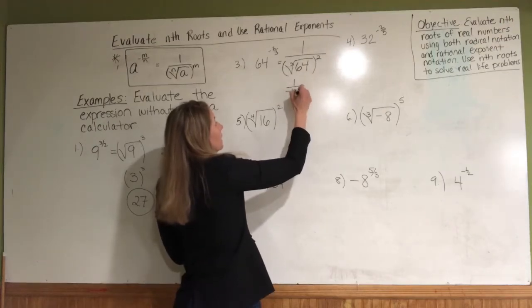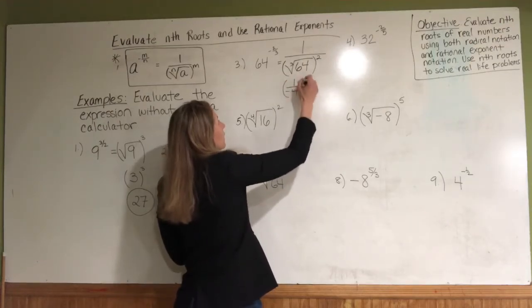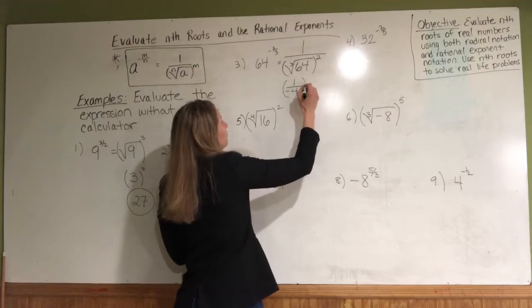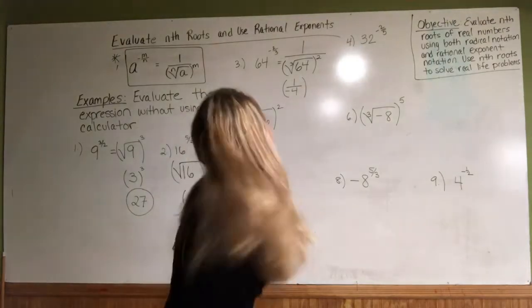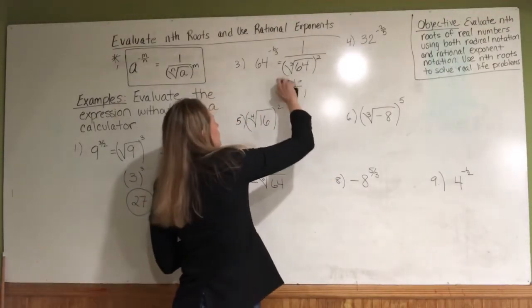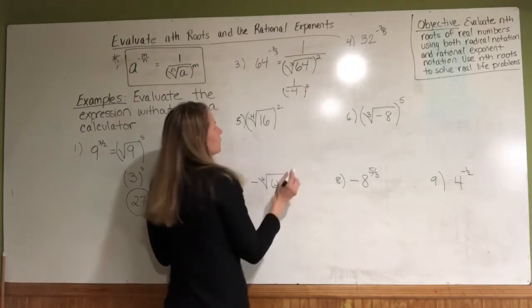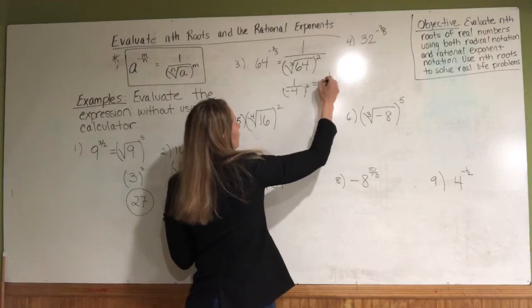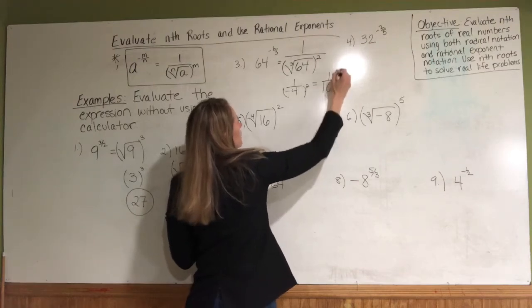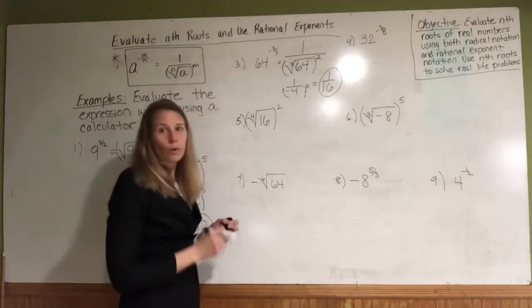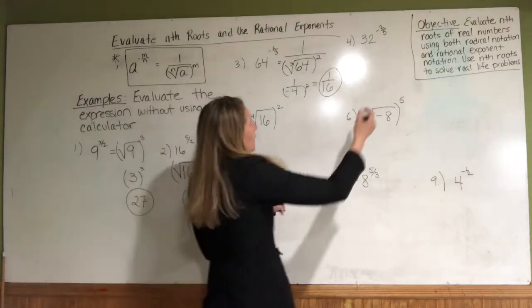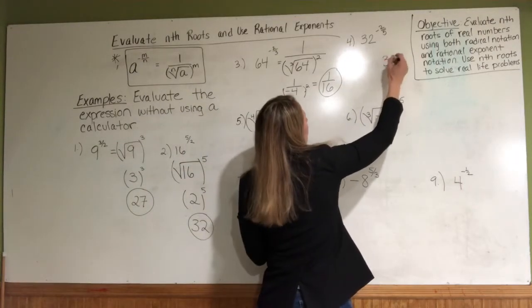So that would be 4. And then that is raised to 2, and 4 to the 2nd power is going to be 16. So 1 over 16.